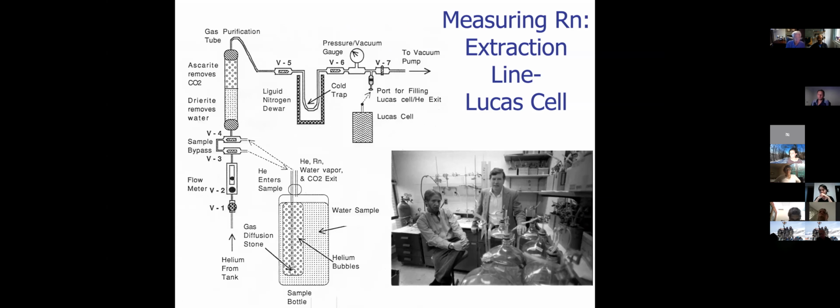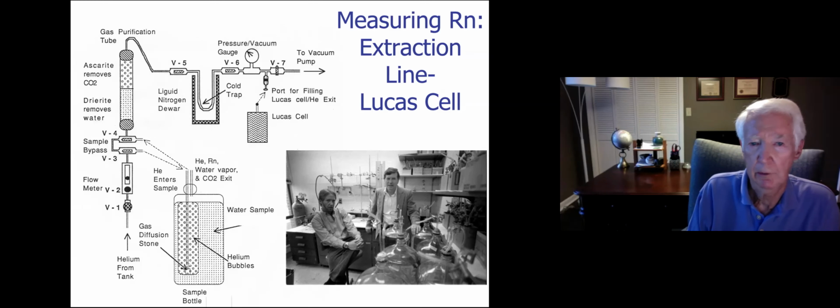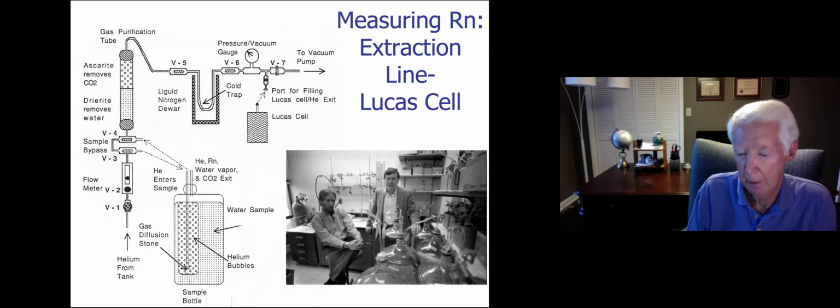So normally the way this works is you use helium and you sparge the water sample, remove moisture with Drierite, remove CO2 with Ascarite, and collect the radon on a cold trap. We use a liquid nitrogen cold trap. Some labs, especially early on, were using charcoal and dry ice, and that works also.